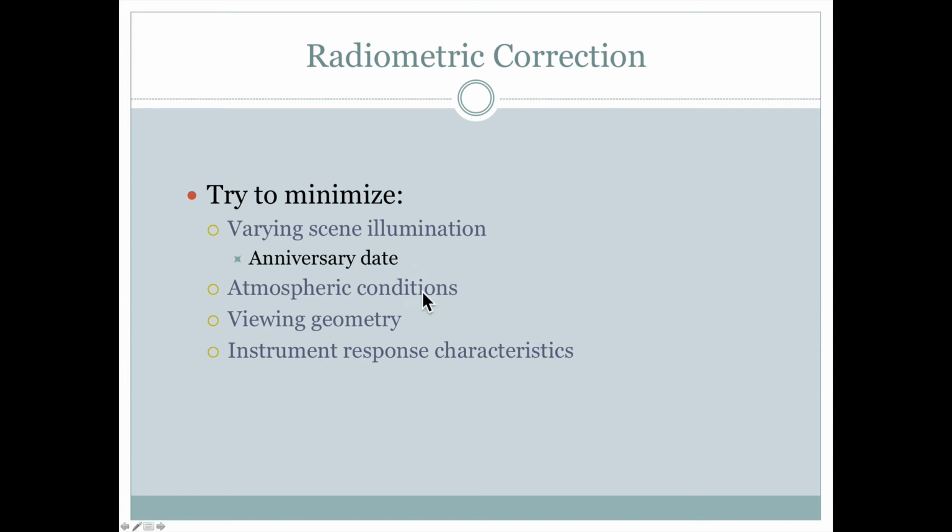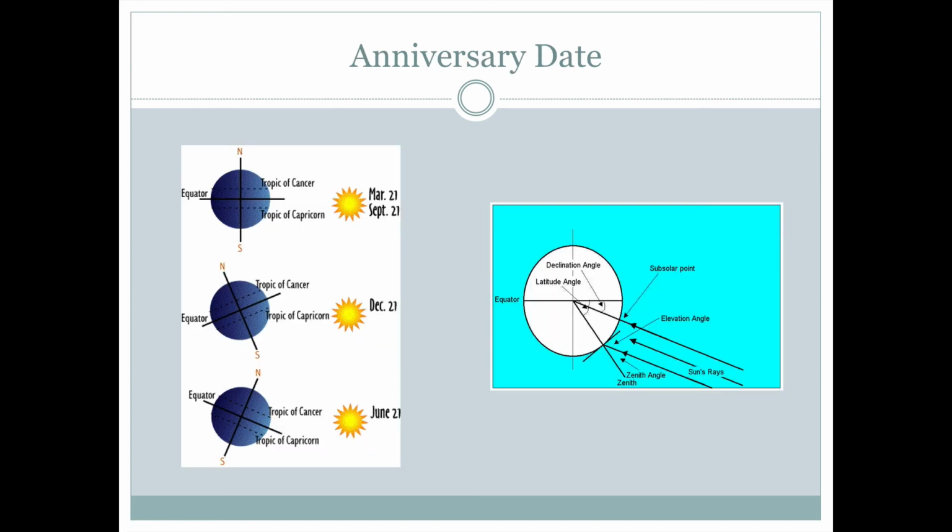We'd also want to make sure the atmospheric conditions were as similar as possible as far as clouds and smog and fog and other things, that those two things are as similar from year to year as possible. We'd want to hope that the viewing geometry, as far as whether we're looking straight down on an area or off at an oblique angle, is the same. And then we'd also want to check to make sure the response characteristics of the instruments that were used to measure this 2 different years in a row were as similar as possible.